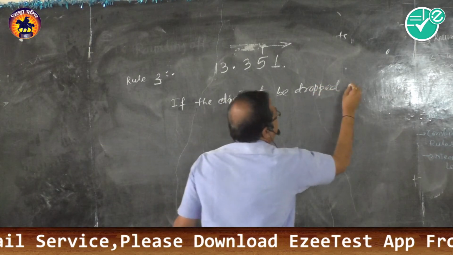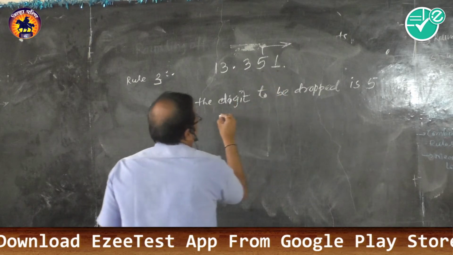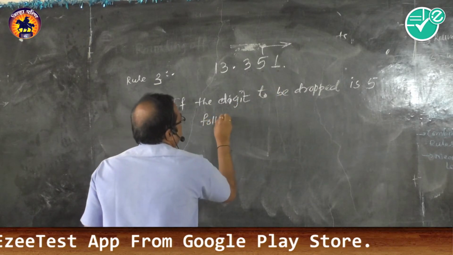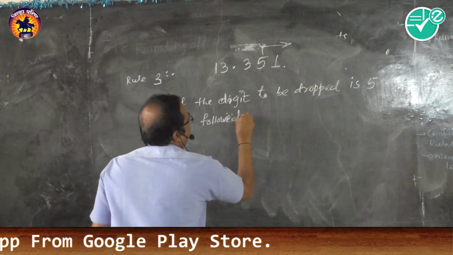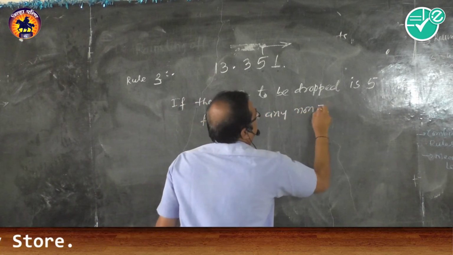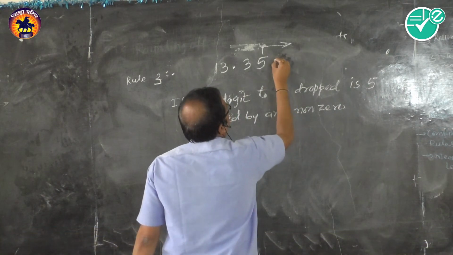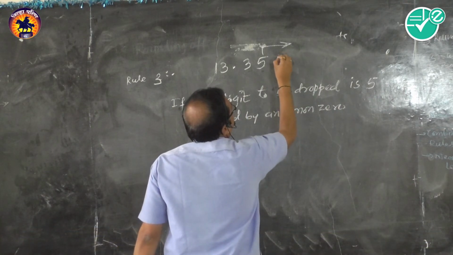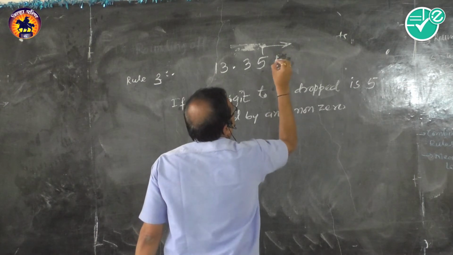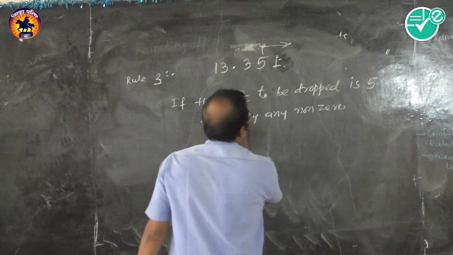which is to be discarded, is 5 followed by any non-zero number. That means here it should not be 0, except 0, any number can be here. So here we have taken 1, suppose, any non-zero number followed by 5.